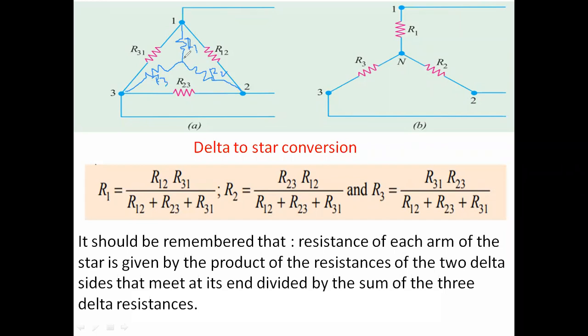We are just replacing the delta structure with the star connection. How can we obtain this R1?